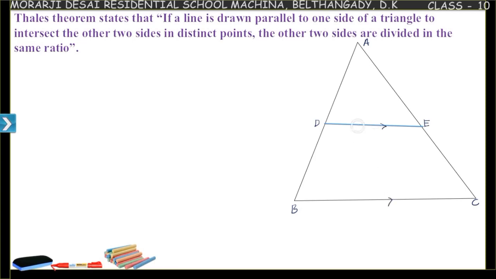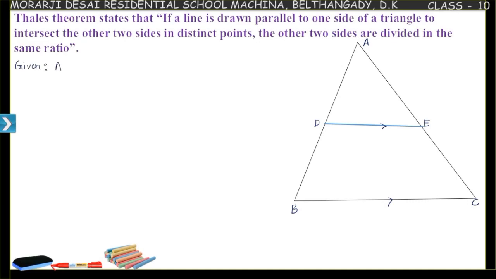A line is drawn parallel to one side of a triangle to intersect the other two sides in distinct points. The other two sides are AB and AC. DE intersects the other two sides at D and E. This much is given.